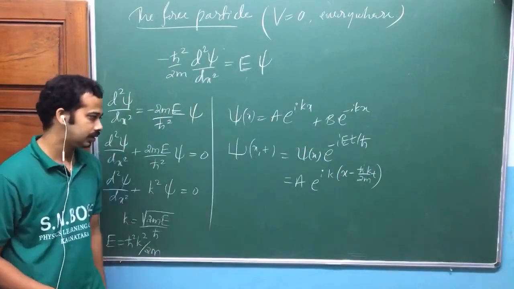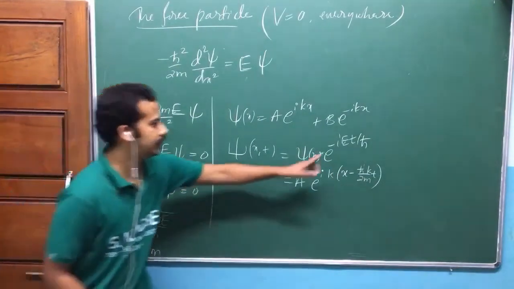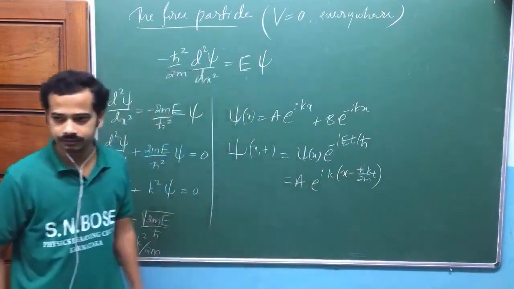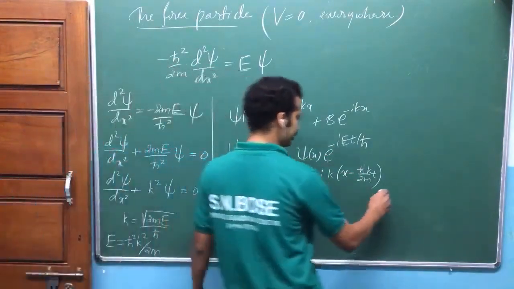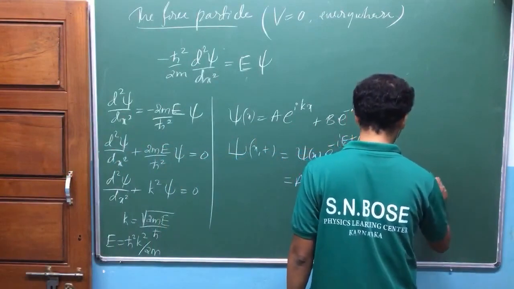If you multiply inside, h bar k square by 2m. E t by h bar, and one more k is taken outside. Is that okay? Plus again, try to do this one again. B e power minus i k.